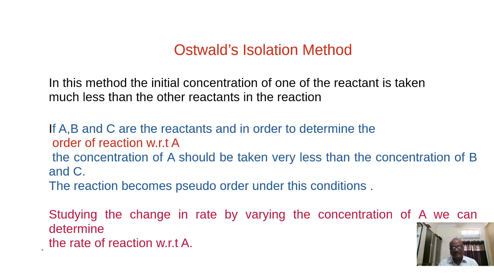Like this, we determine the order with respect to each and every reactant. Then we determine the overall order by adding all these individual orders. So we isolate a reactant by taking it in limited amount and the remaining are taken in excess. This is about the Ostwald isolation method.